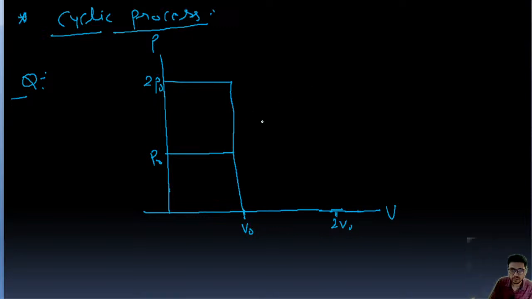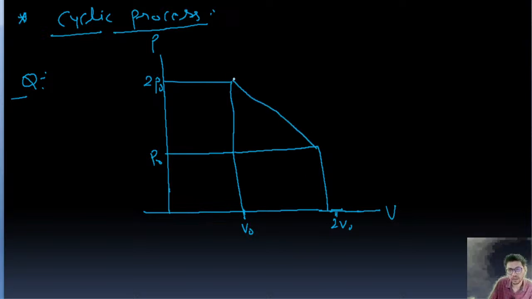Simple questions. Okay, this is A, this is B. So we are studying a cyclic process related question. This one is 2 V naught, and this is 0.